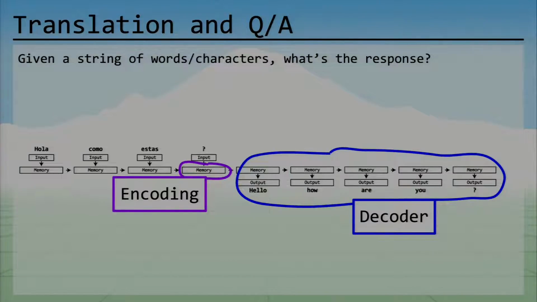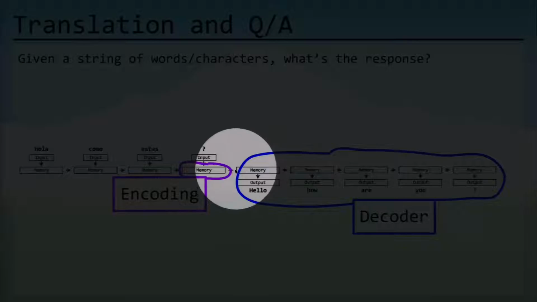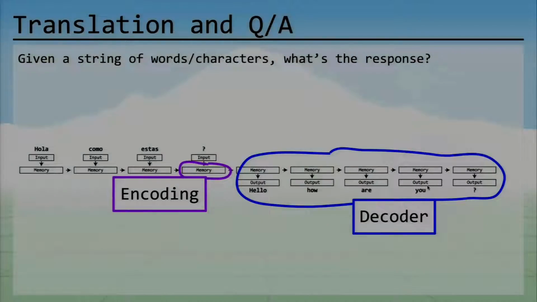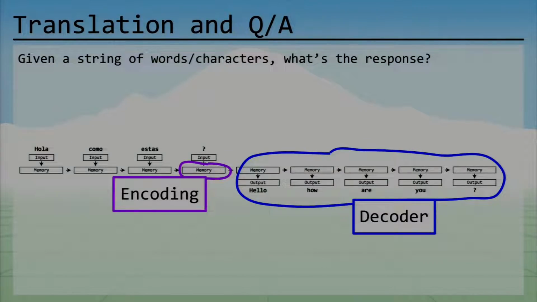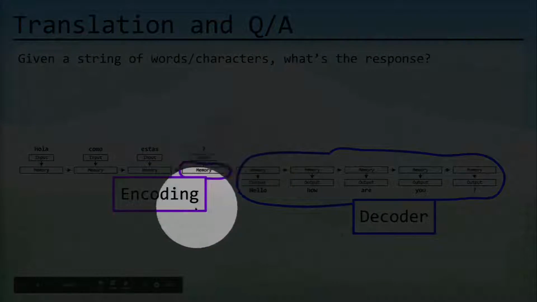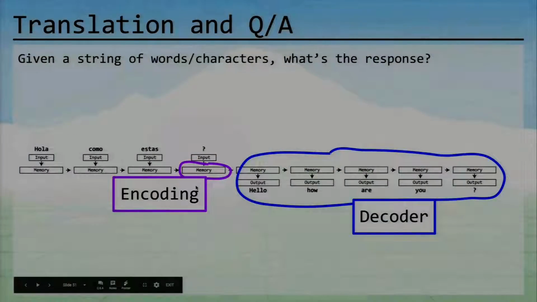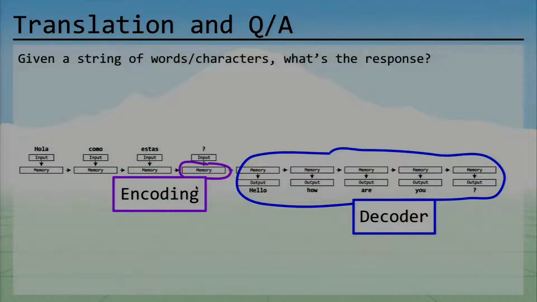What the decoder network is going to do is take this encoding, process it, and output some stream of characters or words that should be some correct decoding of that. In this case, we're decoding from Spanish to English, but you could also imagine that if we ask the network a question like, what is 2 plus 5, hopefully the encoding will perform some kind of representation to say what the question was, and then our output network will do some processing.